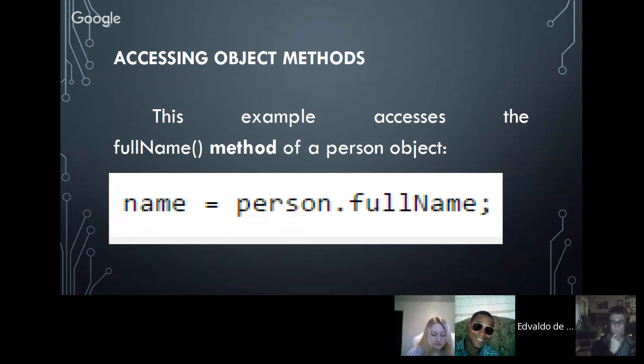Okay, so this is another kind of example to call our methods. For this example, we don't use the parentheses to call, for example, the full name for this person.